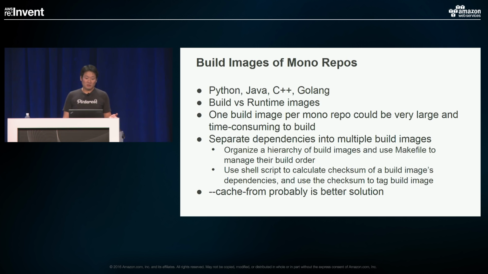But for the build image, if you want to install all the dependencies into a build image, it might take a long time. At the beginning, I created a build image for our Python repo, which has a lot of pip package dependencies and also Debian package dependencies inside it. The image became 5 gigabytes. That's huge.